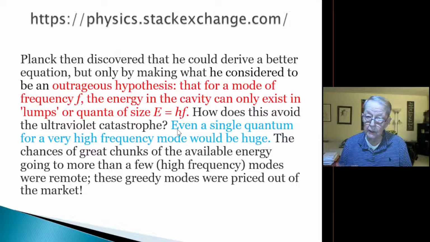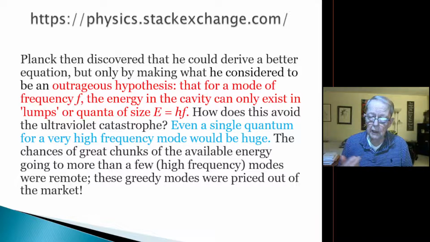And so how does this avoid the ultraviolet catastrophe? Here's some logic, and this is a part of the logic. It's not too bad. Even a single quantum, even one HF, for a very high frequency, short wavelength, would be huge. Even the mode would be huge. There would be a lot of them. The chances of great chunks of the available energy going to more than a few high-frequency modes were remote.